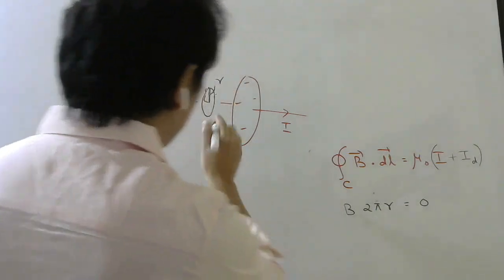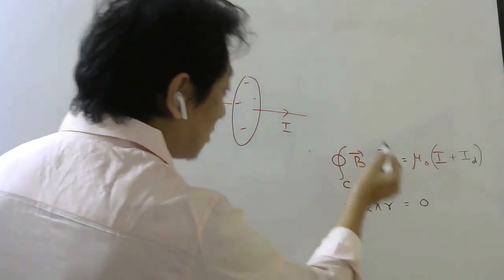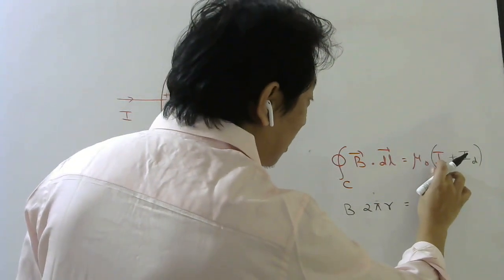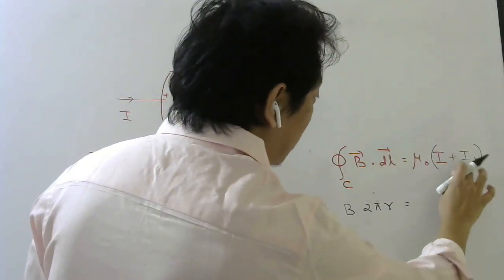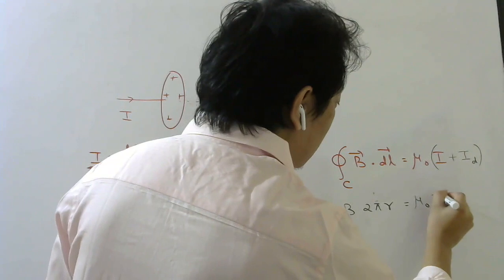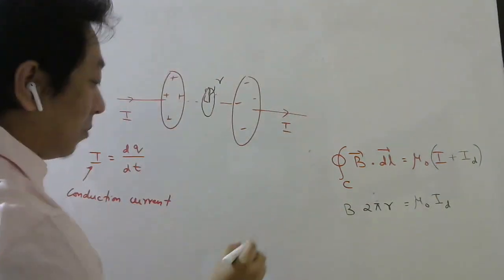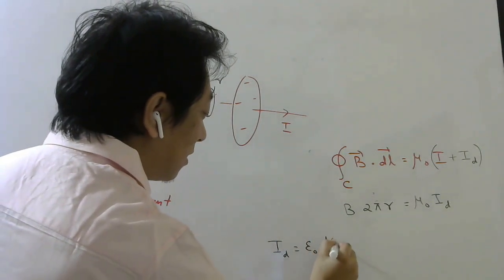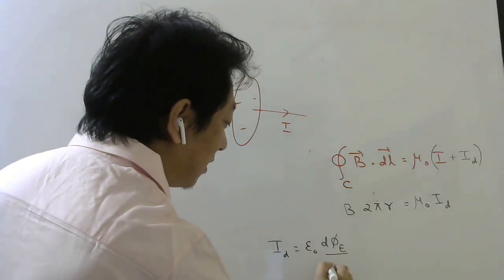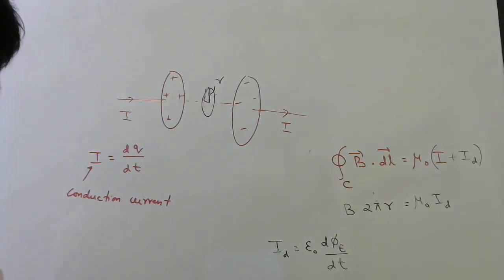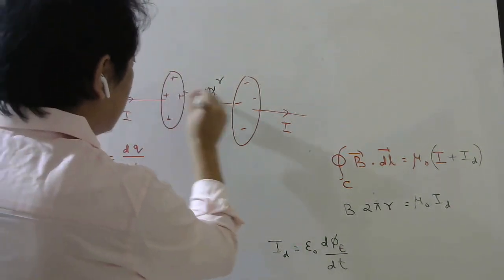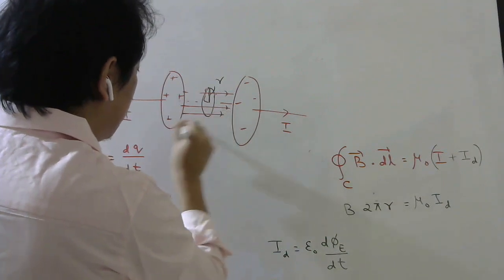So now when you apply Ampere's circuital law to this loop, even if there may not be any real current, there is a displacement current. Why is there displacement current? Because the formula for displacement current is epsilon naught d phi E by dt. So you can see the electric field lines between the capacitor are going like this.